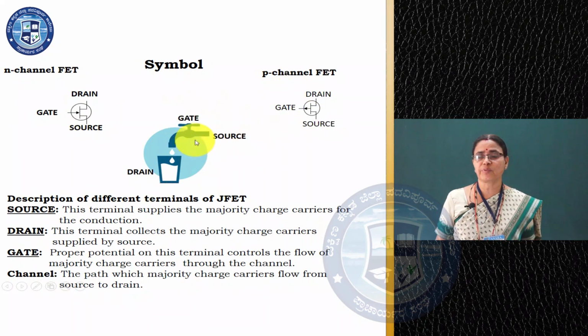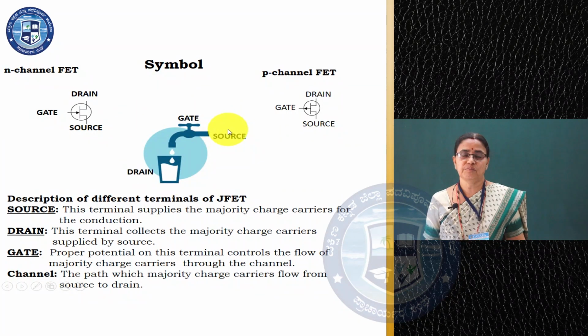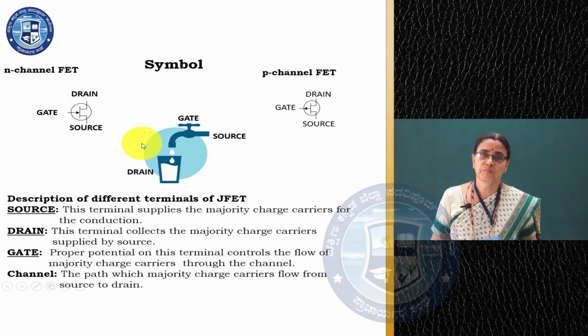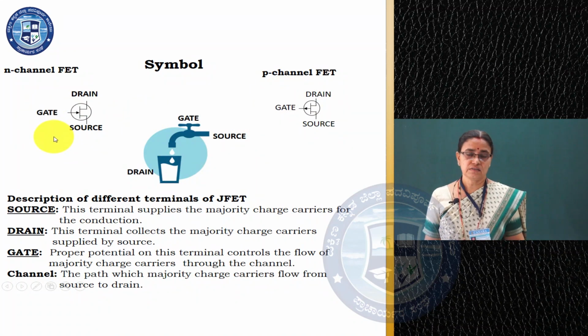Now this can be compared to a tap. The water coming from the tank we can consider as the source, and the drain collects the water coming from here, and this water is controlled by the gate. We can consider this example beautifully for the FET.